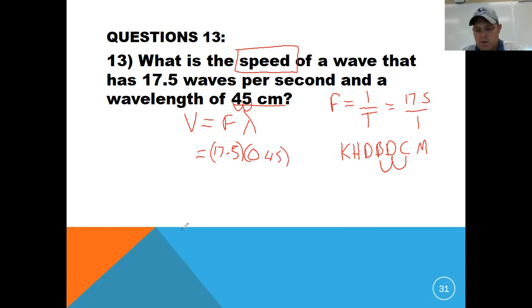So I'll do the calculations here really quick. 17.5 times 0.45, and I get a speed or velocity of 7. Let's do it right. Do 2 sig figs, because 45 is 2, so that'd be 7.9. And what am I missing? You got it, my label, meters per second.